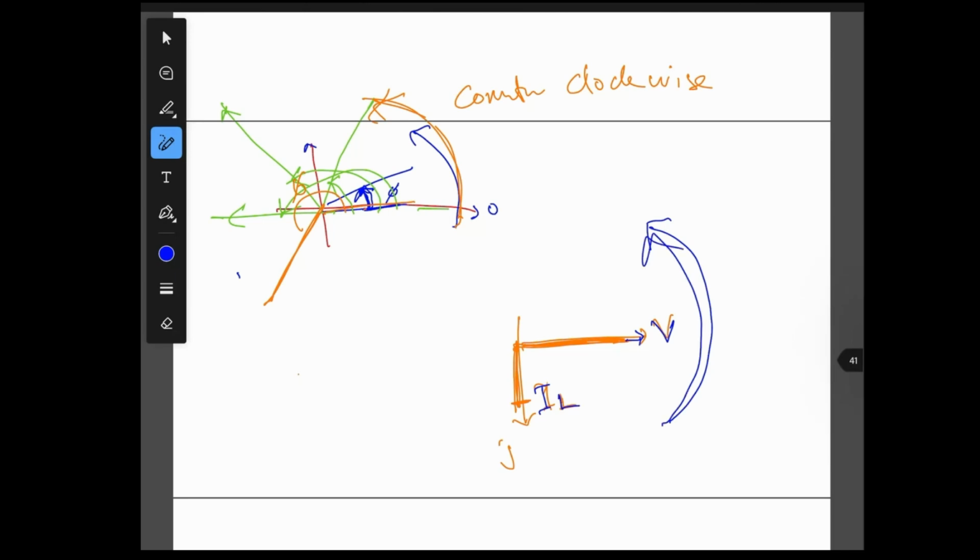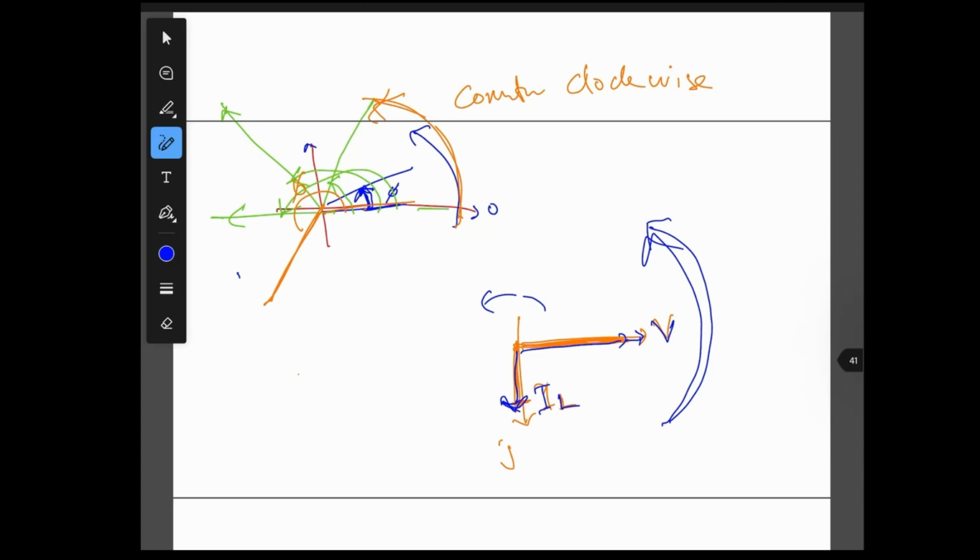So V is in front of IL, or IL is behind V. There are two terms: we can say V is in front of IL, or IL is behind V.